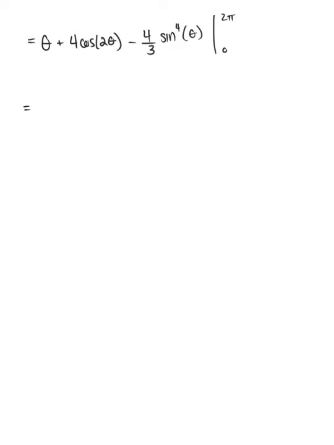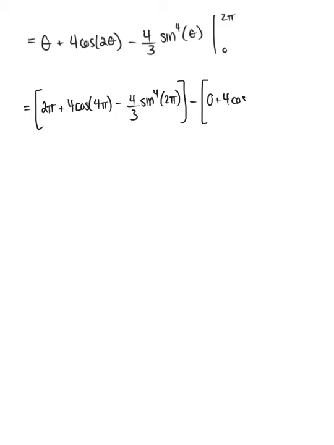So plugging in 2 pi first, we have 2 pi plus 4 cosine of 4 pi, which is 2 times 2 pi, minus 4/3 sine of 2 pi to the 4th. And then we want to subtract the evaluation at 0. So this will be 0 plus 4 cosine of 0 minus 4/3 sine of 0 to the 4th.